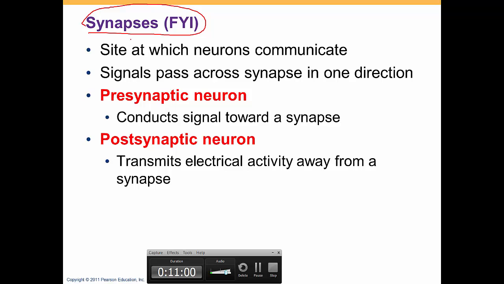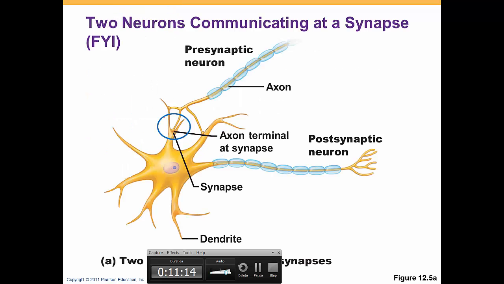Synapses, which is an FYI slide, is basically the area where neurons communicate. So we have a presynaptic neuron before the synapse and a postsynaptic neuron, which is after the synapse. So we saw this picture before. Here is my axon of a neuron. So this is a neuron here.